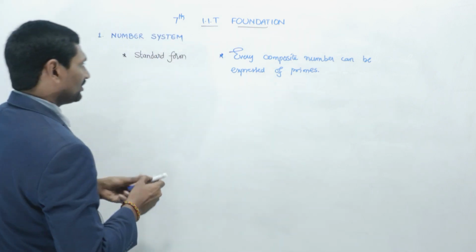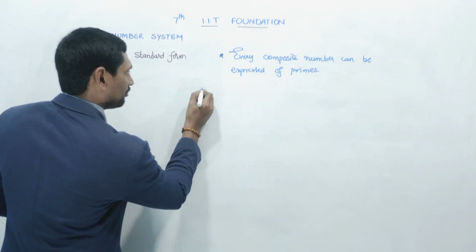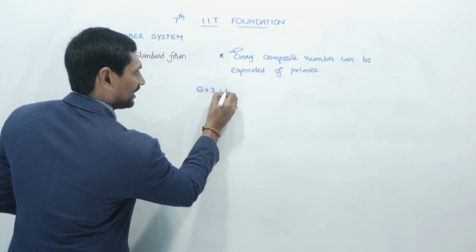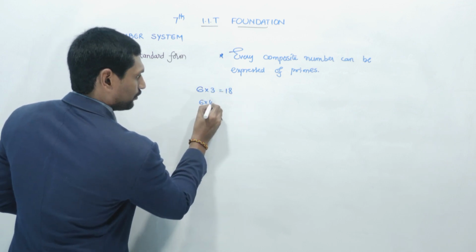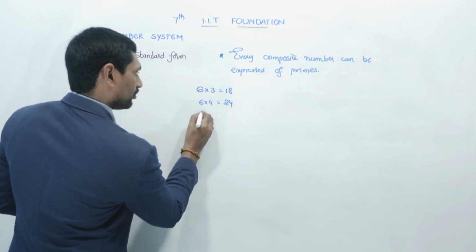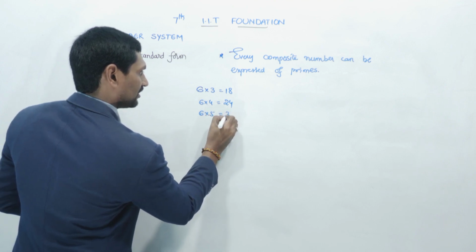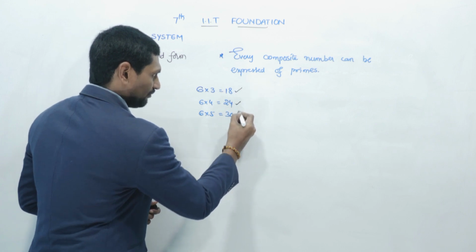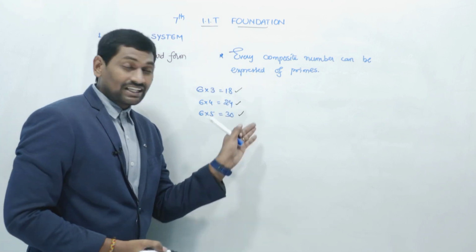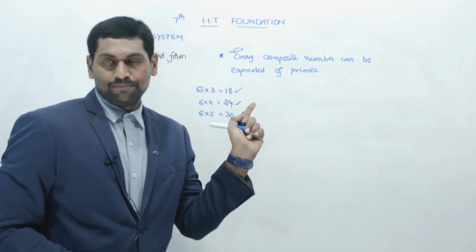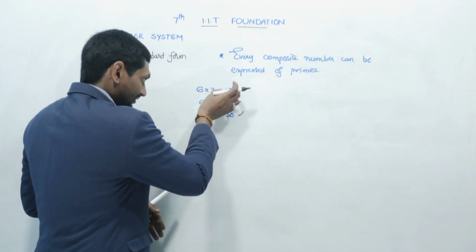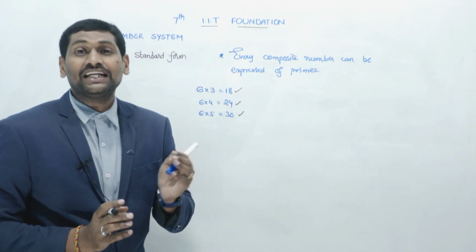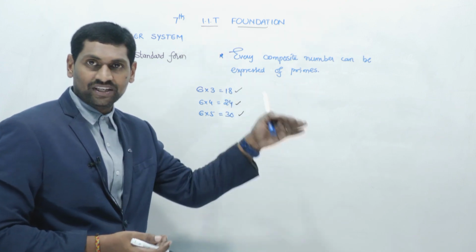I am taking the 6 table: 6 3s are 18, 6 4s are 24, 6 5s are 30. Now you can observe that 18, 24, 30 all come in the 6 table. So we can say that 18, 24, 30 are multiples of 6.